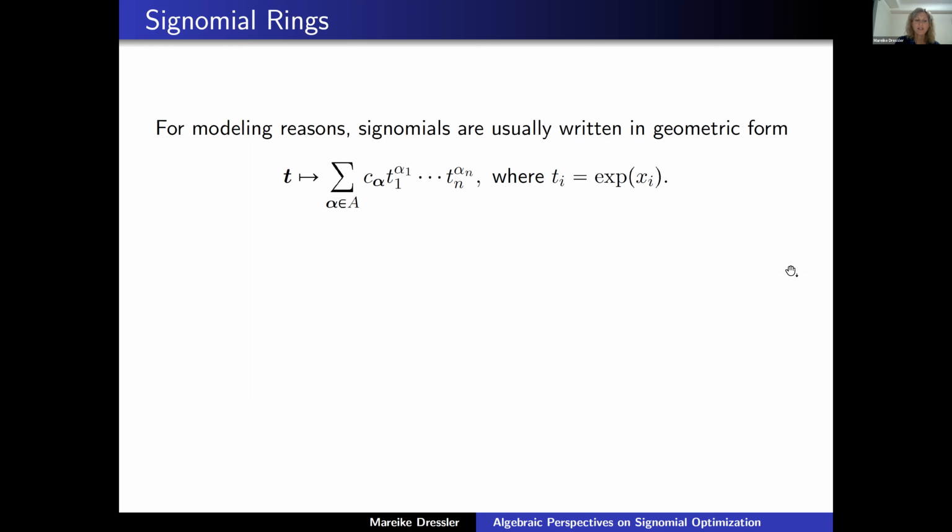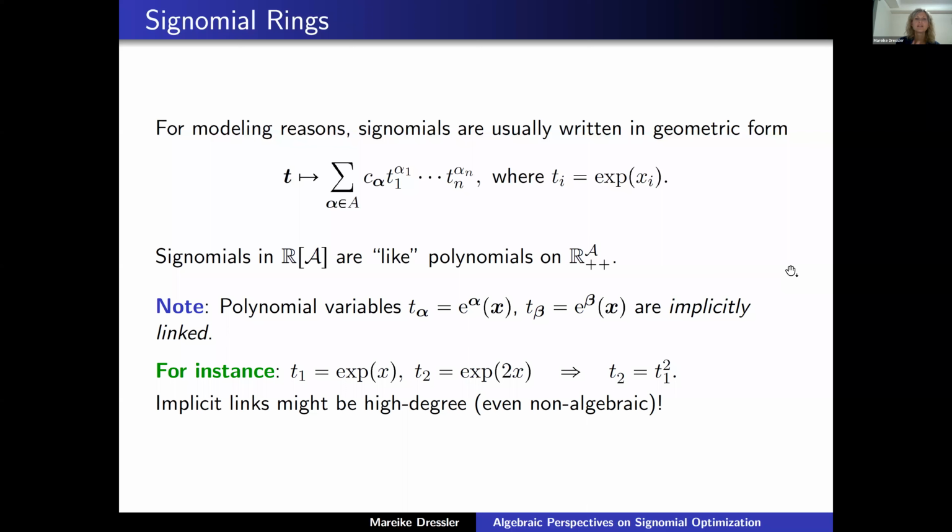So you can see signomials in the signomial rings as generalized polynomials on the positive orthant, because now the exponents can be arbitrary real numbers. And clearly this is well defined, provided that this variable is positive. But note here that the polynomial variables are really implicitly linked.